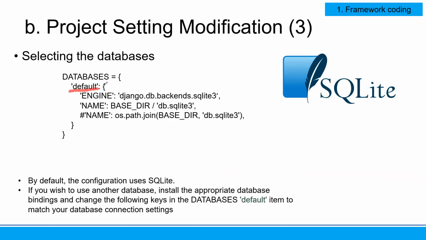As you know, this means a dictionary. So we want to declare the database name and where its location is. Now we are using SQLite 3. If you use another database, you need to specify the database location.